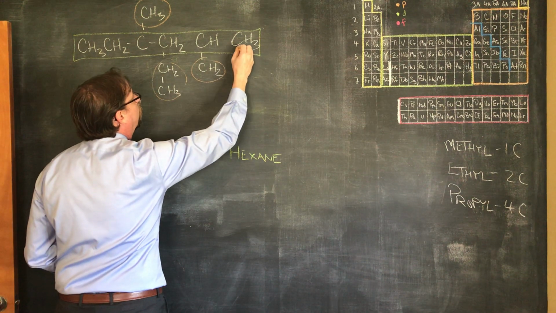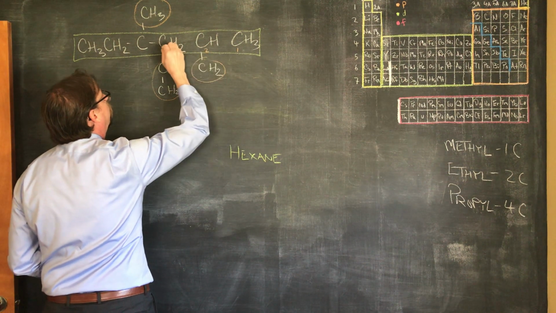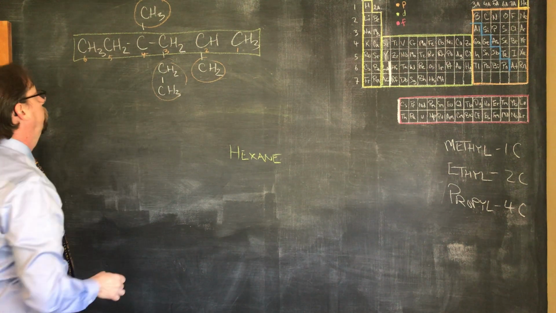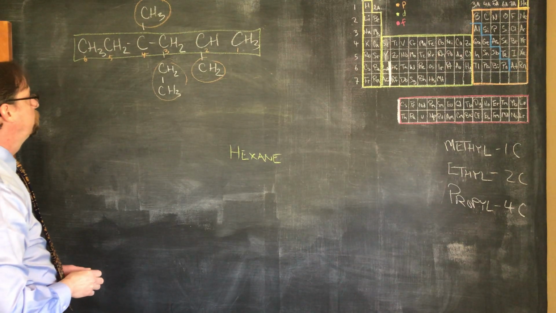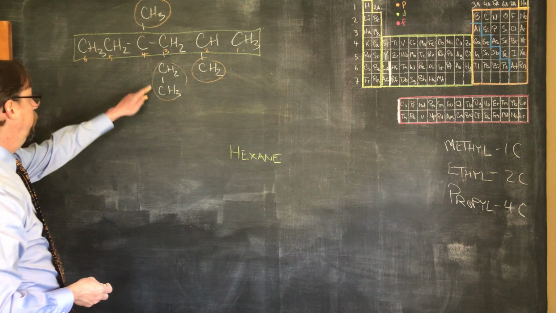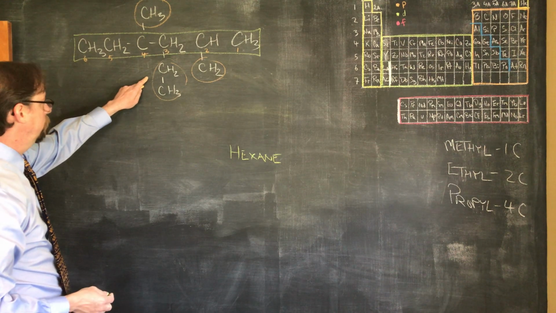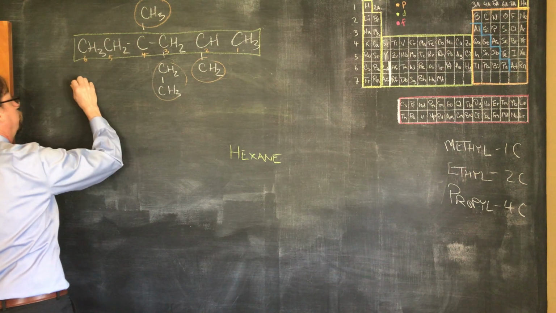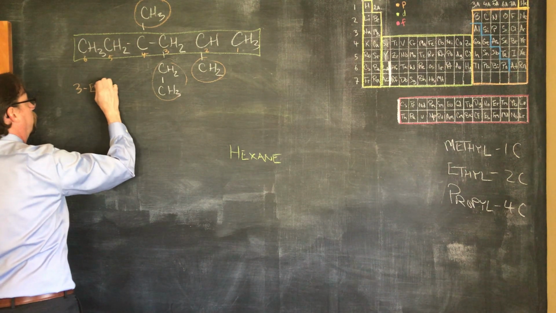So I'll go 1, 2, 3, 4, 5, and 6 for my numbers of where my carbons are. So I've got a couple branches here. I've got an ethyl, so let's list that one first, because first one that came to mind here. So it's off the third carbon, so that's a 3-ethyl.